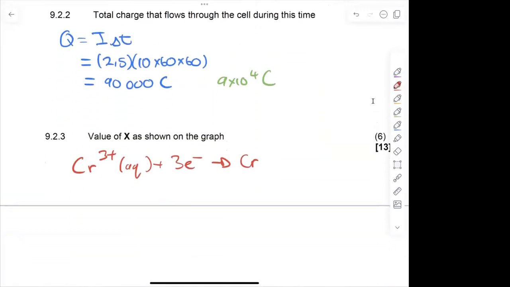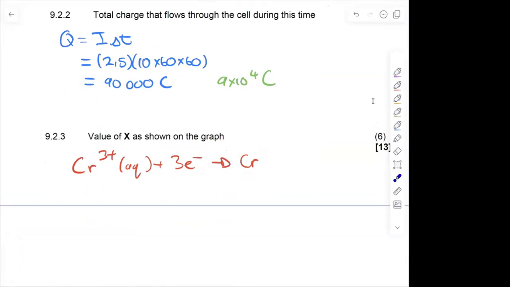What I was trying to say is that we can look at it this way: this much charge is carried through by these electrons. To figure out how much mass of Cr was gained at that electrode, I need to figure out how many moles of electrons were moved through by this charge. Once I figure out the moles of electrons, I'm going to use stoichiometry to find how many moles of chromium were deposited.